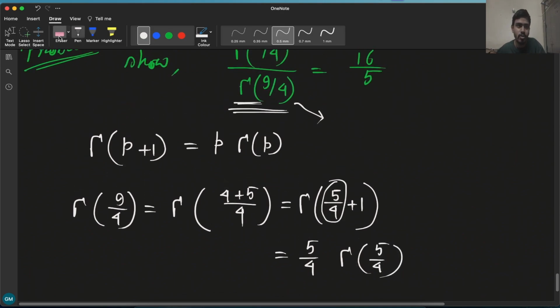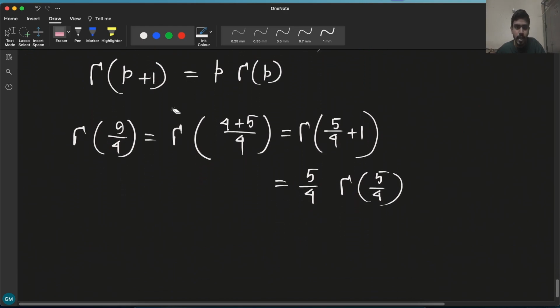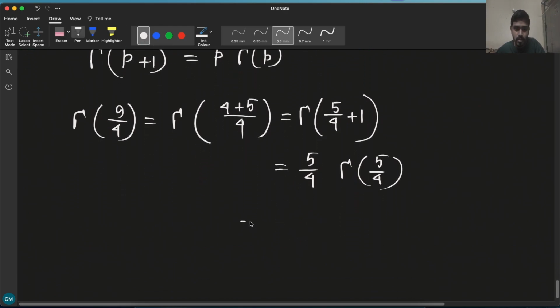Simple. I am just using this recurrence relation. Again, I will write this 5 by 4, and instead of gamma 5 by 4, I will write it as 1 by 4 plus 1.